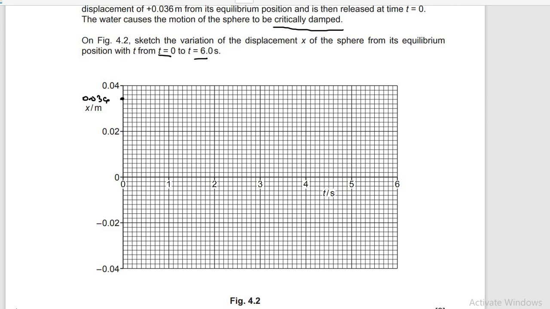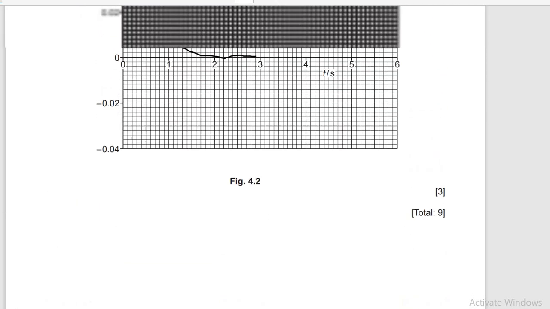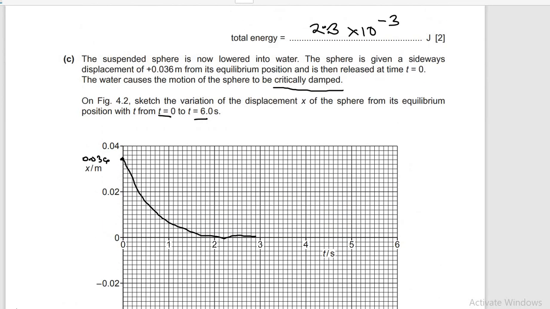It's going to damp, critical damping, the amplitude will decrease without oscillating to 0 in the shortest possible time. Something like this. It never reaches 6 seconds. It just decreases to 0 in the shortest possible time without oscillating. Okay, that's it. Starting from 0.036 amplitude should be a mark. The nature of the graph, decreasing gradient up to 0, 1 mark. Stopping at the shortest possible time, another mark.